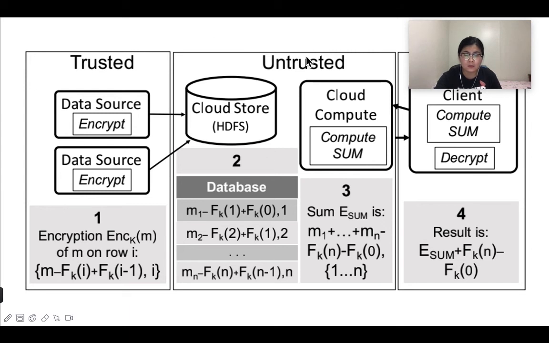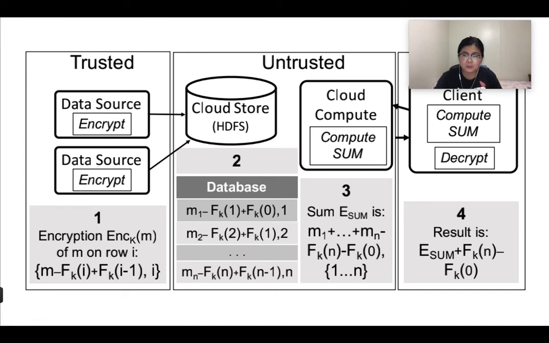When the cloud computes aggregation on a large data set, this result will be obtained. Since the other values like minus f(k1) and plus f(k1) appear, when we get the sum result, this part will be cancelled out.